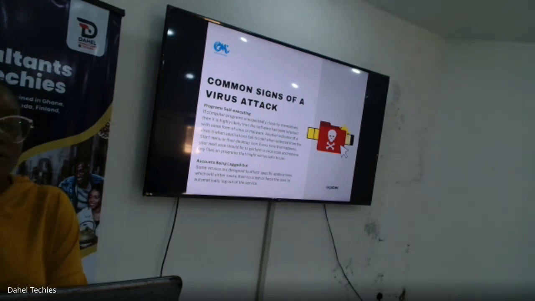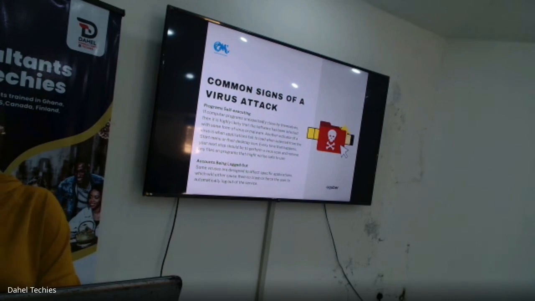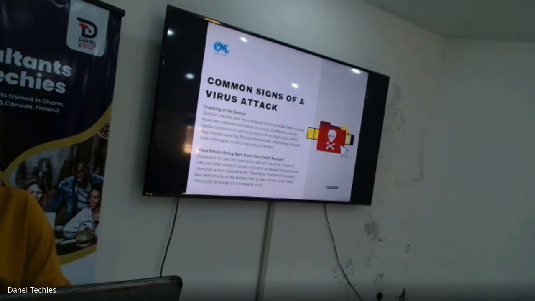Then we have accounts being logged out. You are on a particular account, let's take your phone for instance, your Gmail account, you signed in, but when you come back, it's no longer signed in. That's an example of a sign of a virus. There is crashing of the device, your laptop suddenly crashes or your phone crashes, that is a sign of a virus attack.